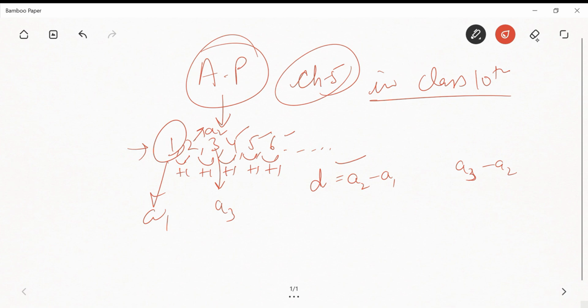Now we are going to study two formulas which are very important in arithmetic progression. The first formula is an is equal to a plus n minus 1 into d. Here n is the nth term.